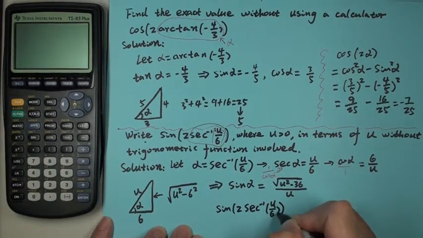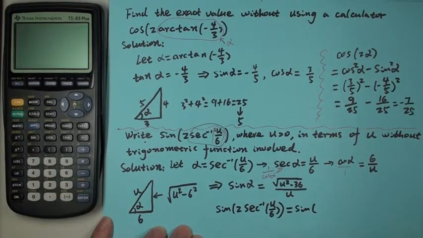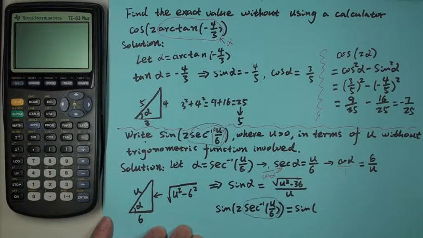You want this one, right? But you know, this will be sine 2 times this one, which is alpha, as I said. That's the second effect. This is the alpha you introduce to yourself. It's very convenient to do in this way.